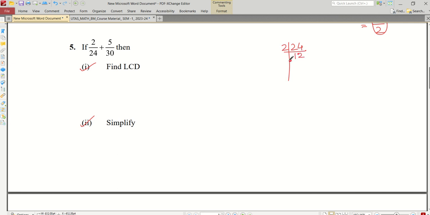2, 12, 2, 6, 2, 3 and 3, 1. So what are the prime factors? The prime factors of 24 are 2 multiply 2 multiply 2 multiply 3. Clear?